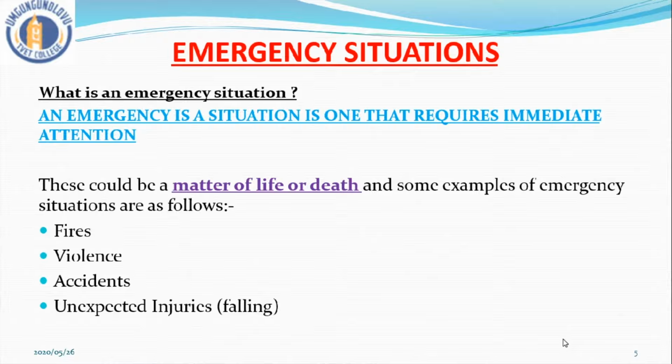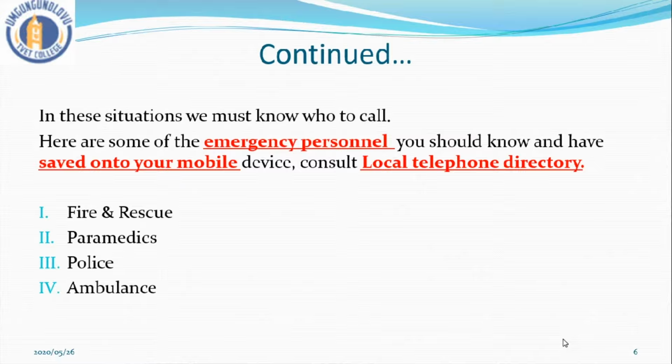Some examples of emergency situations are as follows: fires, violence, whether it's domestic or public, accidents, and unexpected injuries like falling from a ladder or falling off a flight of stairs. In these situations, we must know who to call.